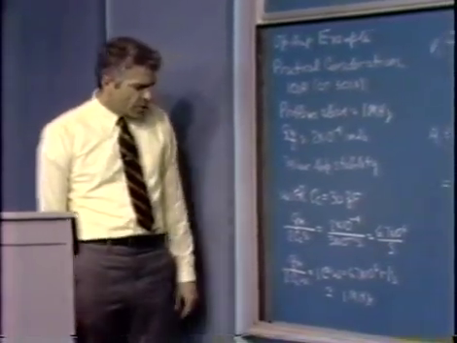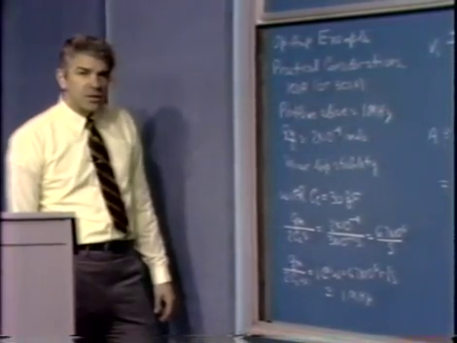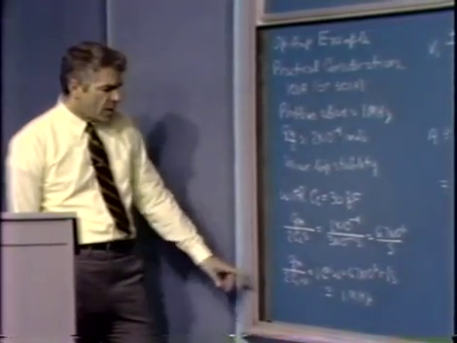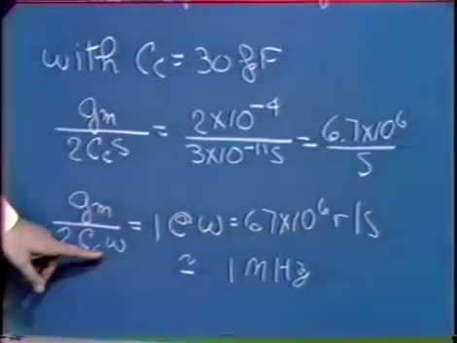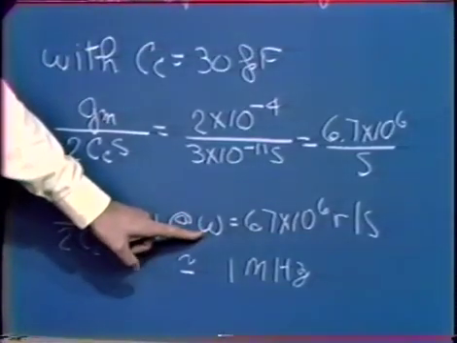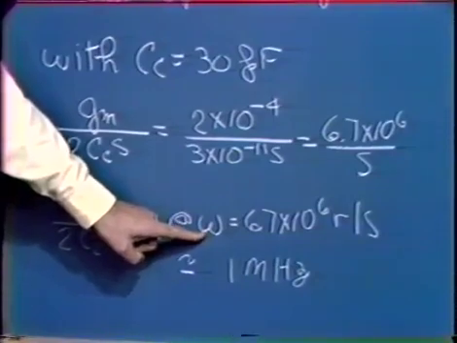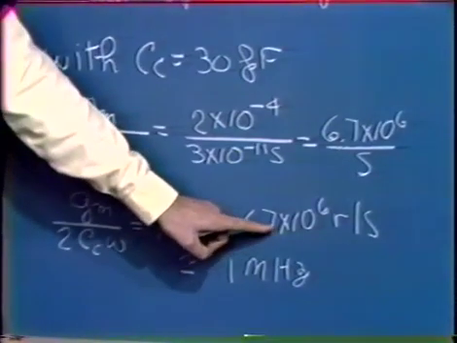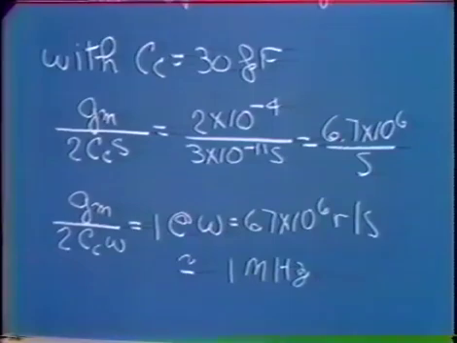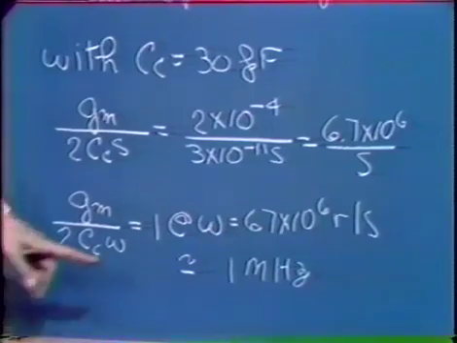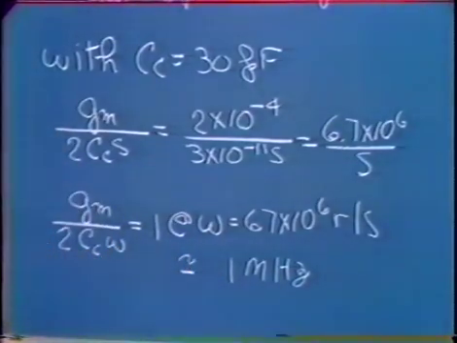The reason for the choice of a 30 picofarad capacitor in fixed compensation amplifiers is that it forces crossover. In other words, we go through unity gain for the amplifier open loop transfer function at a frequency of 6.7 times 10 to the 6th radians per second, or about a megahertz.